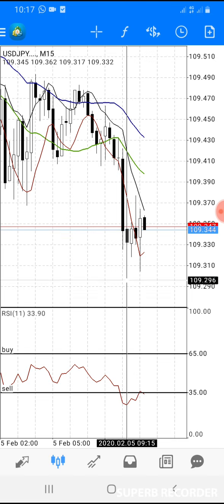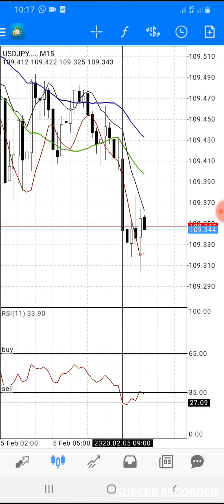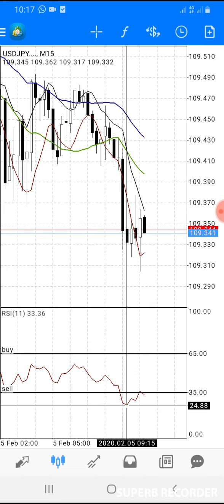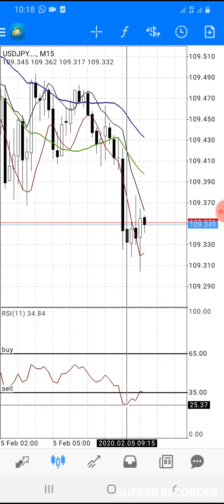You enter a sell from this point, right? You sell. Your take profit, either you can use your risk reward ratio methods or you can use this strategy. Your take profit should be when the RSI changes direction or changes its zone.